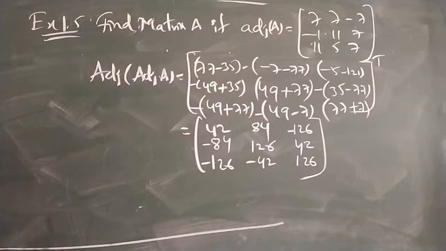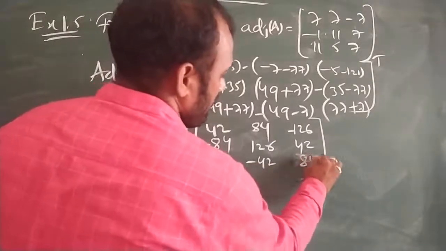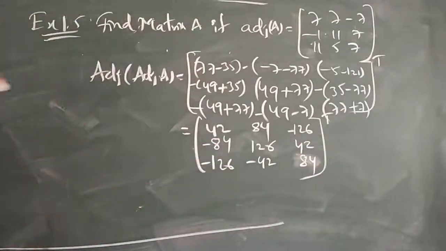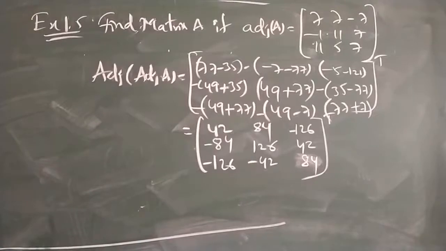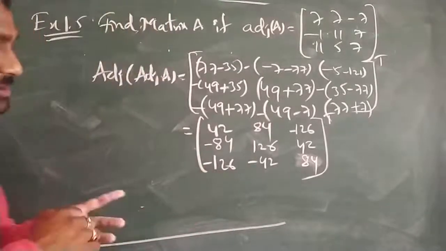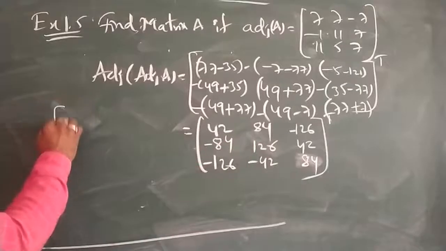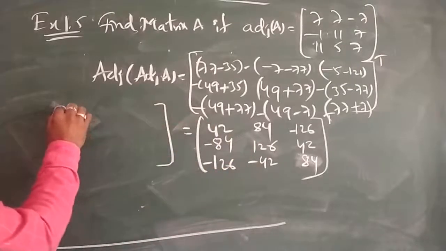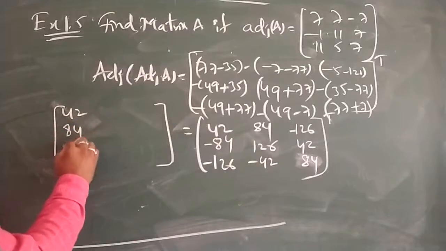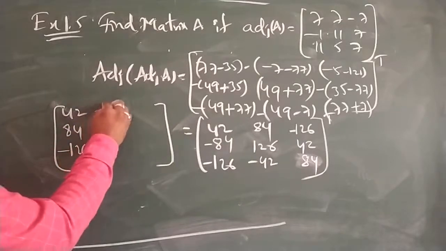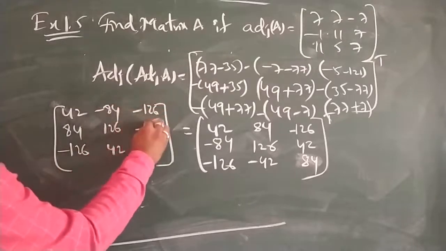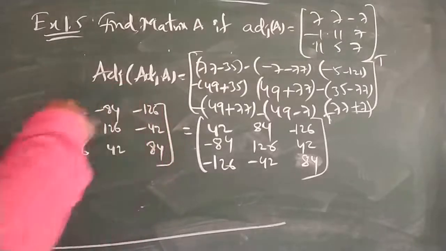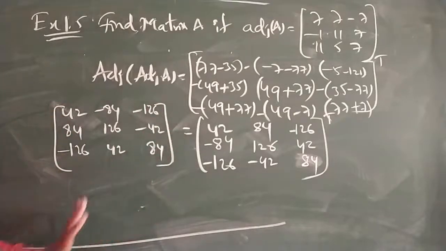Sorry, 77 plus 7 is 84, not 126. For this we need to do the transpose. So let me write the transpose of this matrix here, changing the rows and columns. That is 42, 84, minus 126; minus 84, 126, 42; minus 126, minus 42, 84. So this is the adjoint of adjoint matrix A.